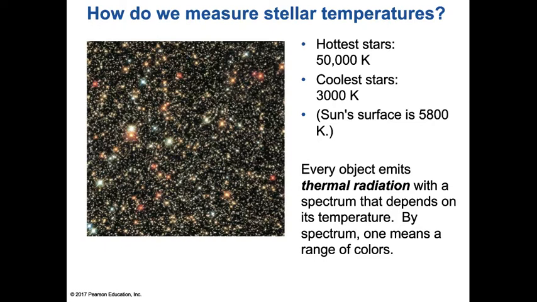And you might remember that this number, about 6,000 Kelvin, corresponds to about 10,000 degrees Fahrenheit. A question for you is, which of these stars would be the hottest? Would it be the reddish stars, or would it be the bluish stars?